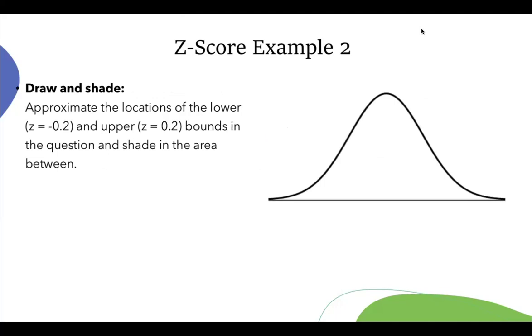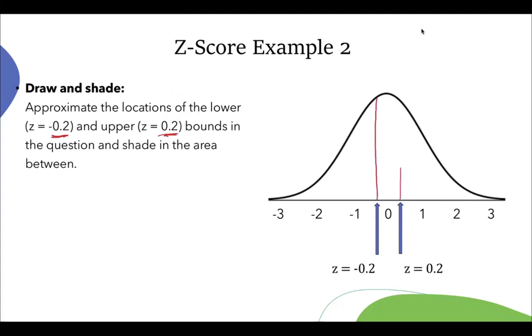Let's write that down. Let's put our z-scores on the horizontal axis and roughly identify where negative 0.2 is and where positive 0.2 is. So a little bit to the left of 0, a little bit to the right of 0. Make your vertical line for each arrow there.